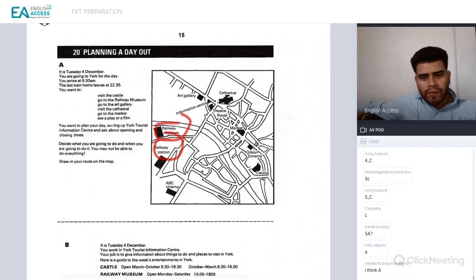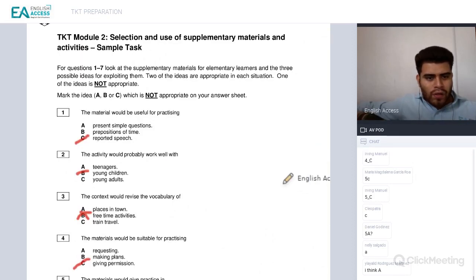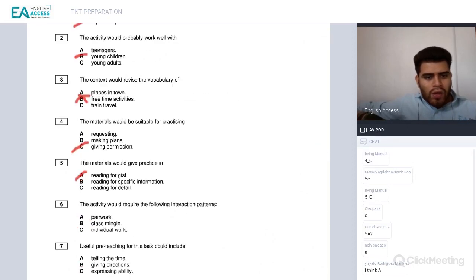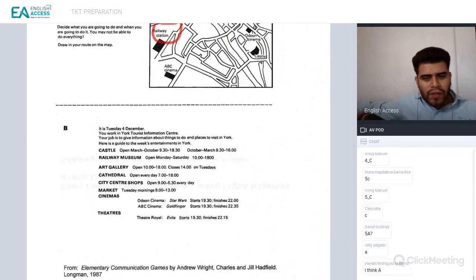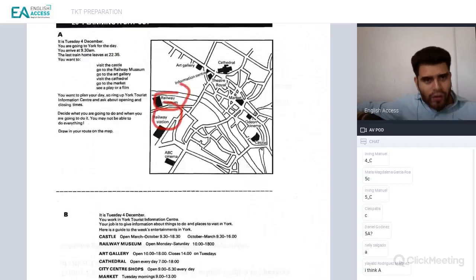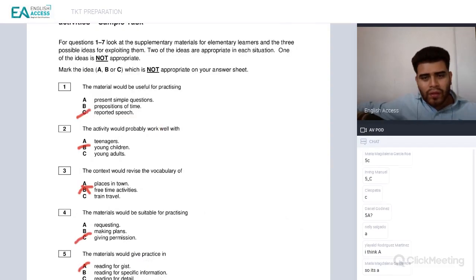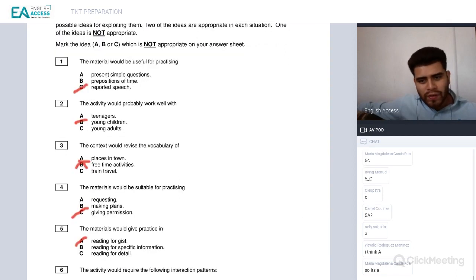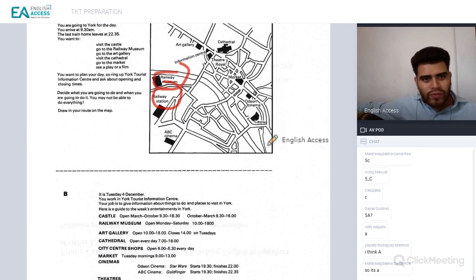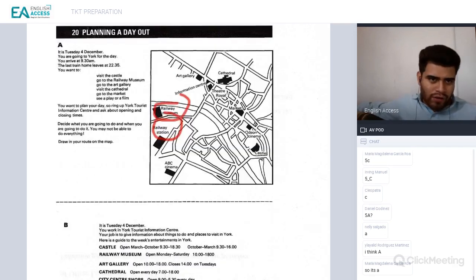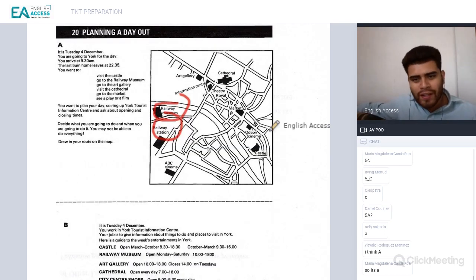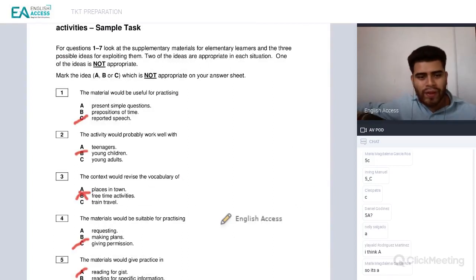Now, you have to read for details because you want to find out the places where you can go and what time they are closing. You know, those are details. And you need to read for specific information too. You need to find the hour and all of that. Yes, so the answer that is inappropriate would be A.